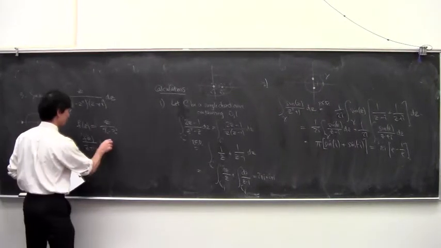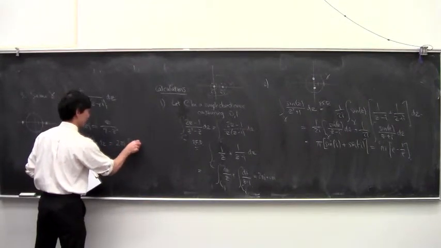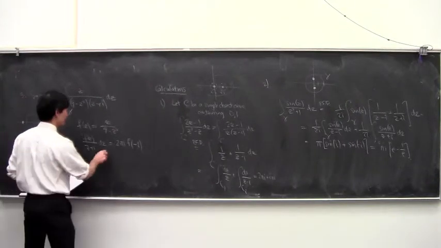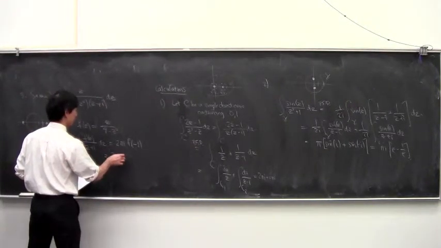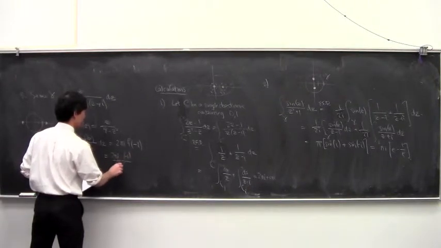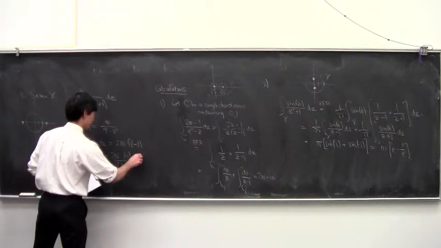That's going to be 2 pi i times f evaluated at negative i. So you get 2 pi i times negative i over 9 plus 1. That's to say pi plus i.